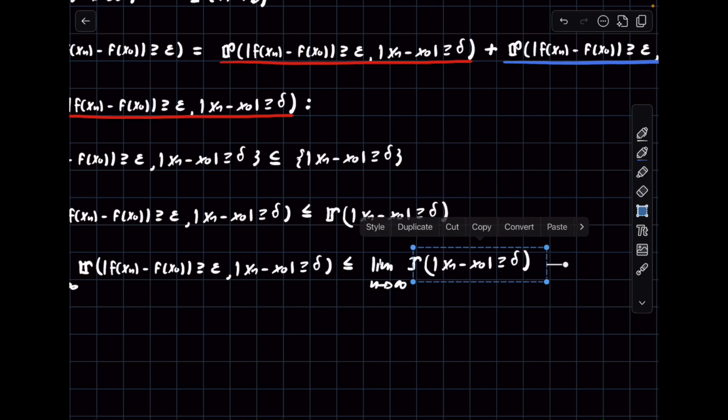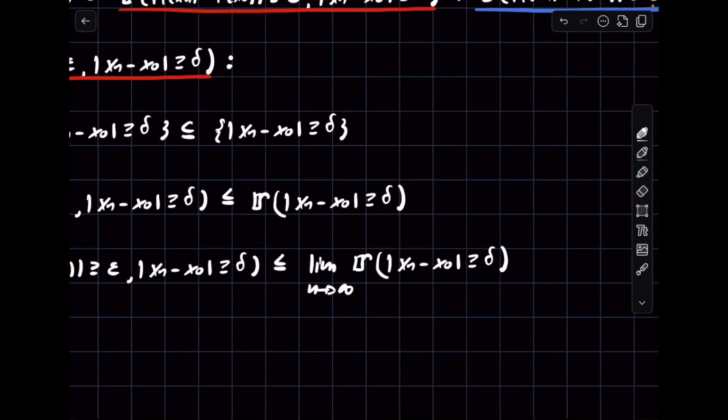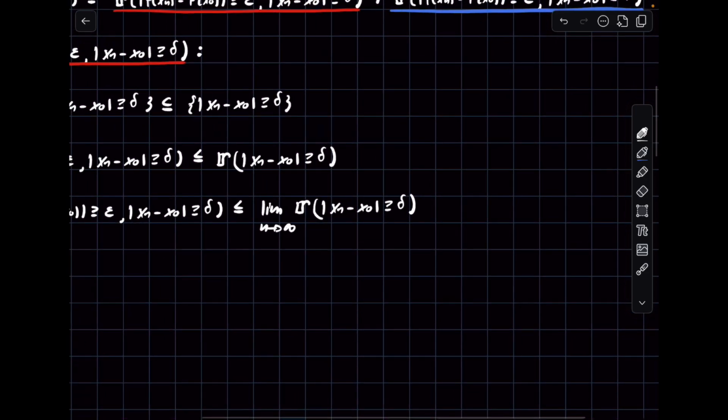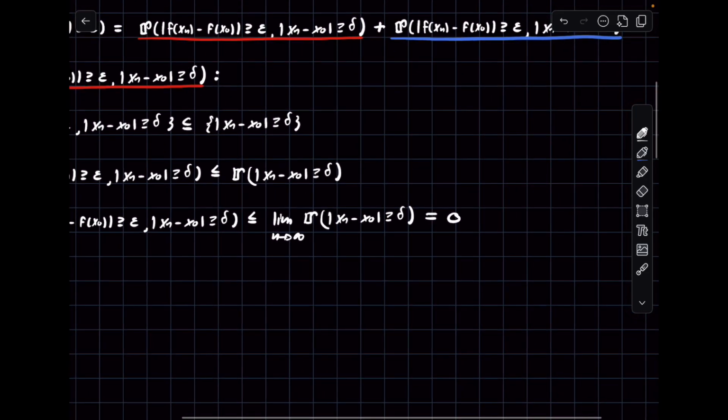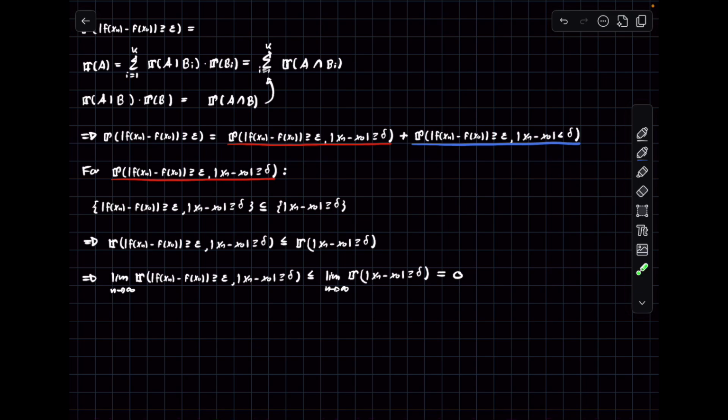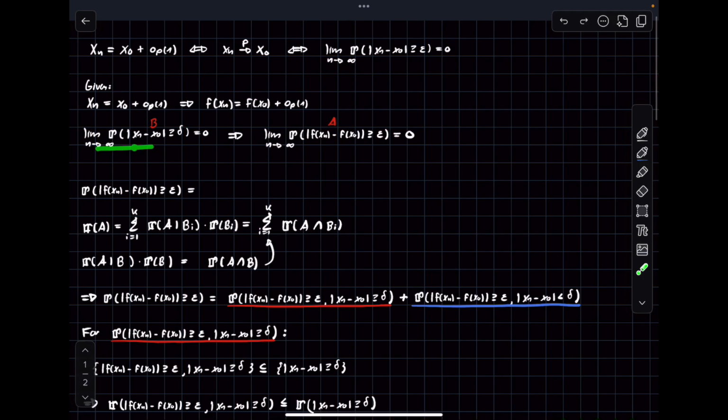Now, this part, we have to understand that this goes to 0 because this is simply what we had earlier. This thing is the same thing that we stated over here, which is given here. So we're just assuming that this is true.